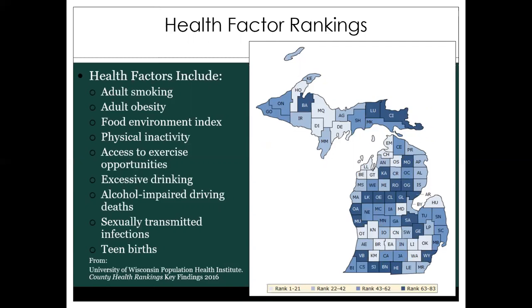And health factors include smoking, obesity, food environment, inactivity, access to opportunities to exercise, excessive drinking, driving while intoxicated, STIs, and teen birth. Now, darker colors are worse rankings. Lighter colors are better rankings.